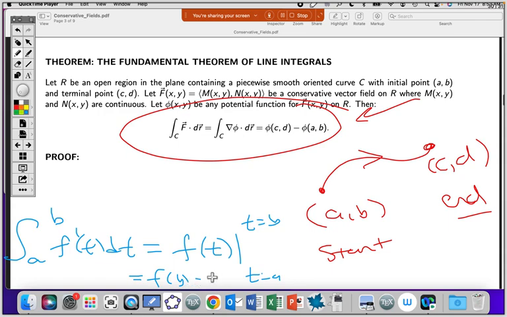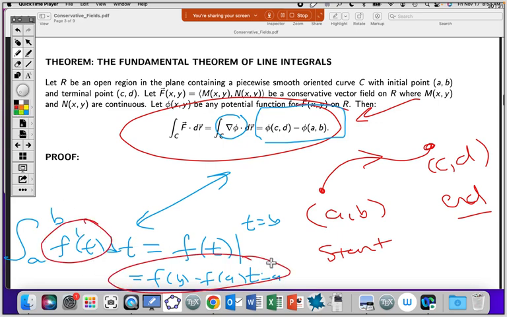So this is f of b minus f of a. Do you see how this is just another manifestation of the fundamental theorem of calculus? You're integrating a derivative. The result is a difference of the function at the endpoints. It's literally the fundamental theorem of calculus.